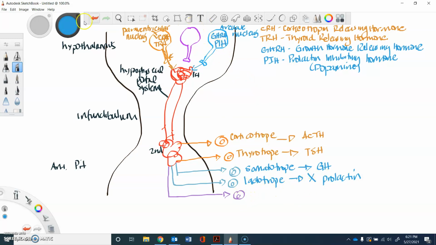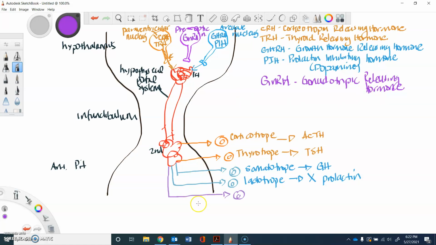All right, this last nucleus is called the pre-optic nucleus, and it makes GnRH. So GnRH is gonadotropin releasing hormone.